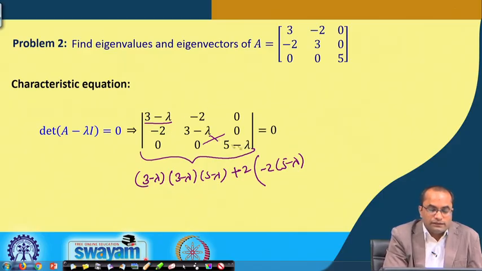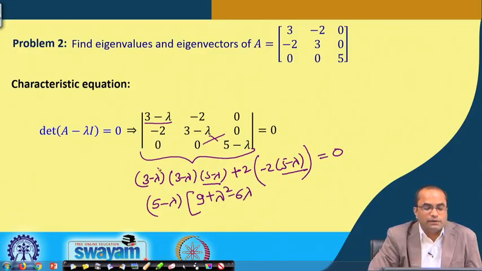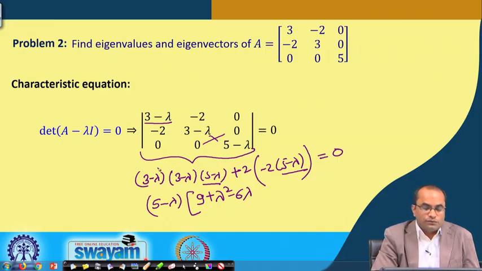So, this is the value of this determinant, which should be 0. Then this 5 minus lambda we can take as common from both the terms. So, here we will get 9, and then minus 3 lambda minus 3 lambda, so minus 6 lambda plus lambda square. So, there is 3 minus lambda whole square, and then we have minus this 4 term, 2 to the 4 here.